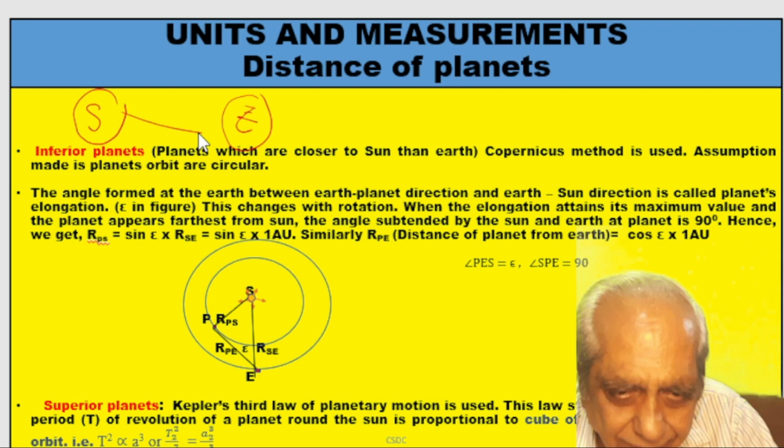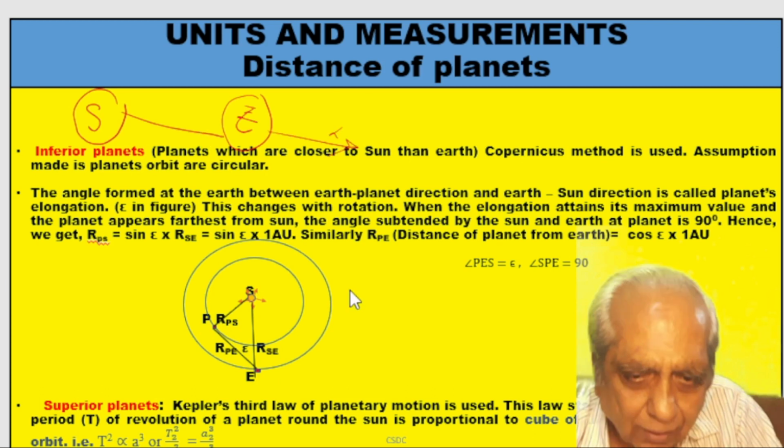Now, for this I am making one assumption which is not fully correct, but we get almost correct answers: that planets are rotating in circular orbits. Instead of elliptical, I am assuming planets are rotating in circular orbits. This is my Sun.